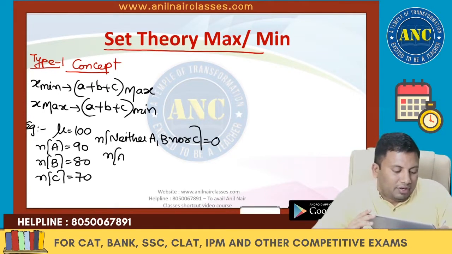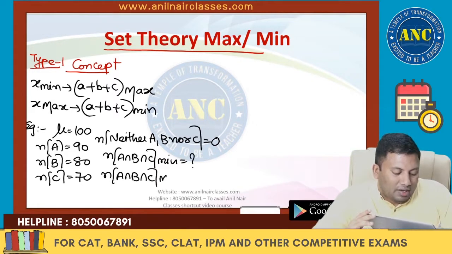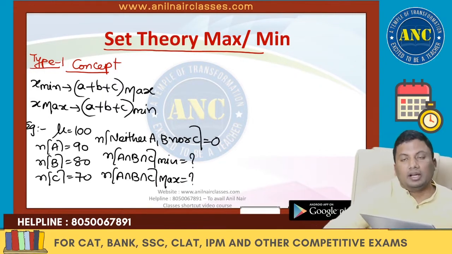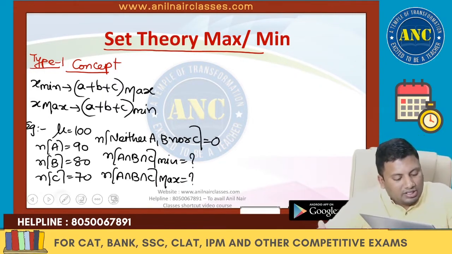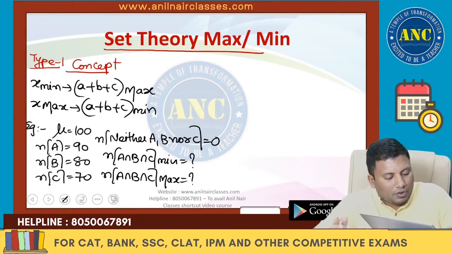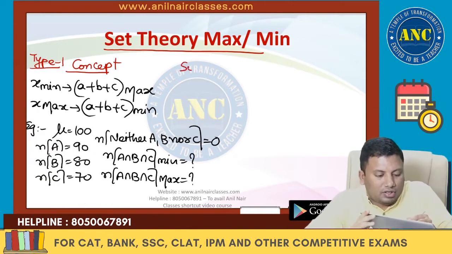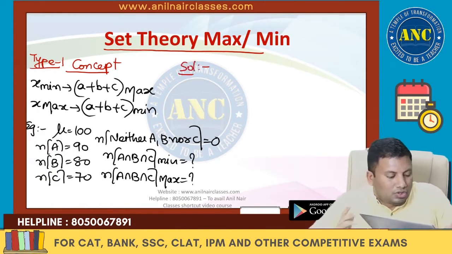N of A intersection B intersection C, minimum I need. N of A intersection B intersection C, maximum I need. Listen carefully, sir. Listen carefully. For this question, solution. Listen carefully.